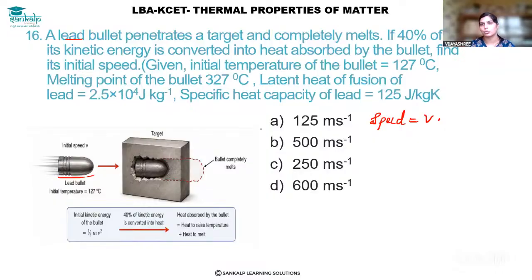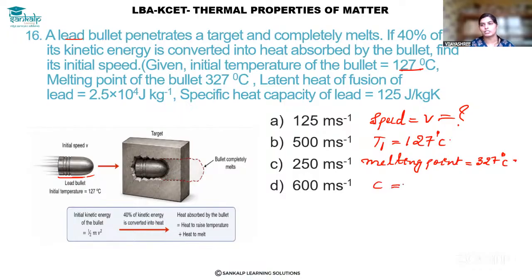Some data is given here. We have to calculate speed v, which is equal to question mark. Initial temperature T1 is 127 degrees Celsius. The melting point of the bullet is 327 degrees Celsius. Specific heat is 125 joule per kg per Kelvin. Latent heat is given as 2.5 x 10^4 joule per kg.